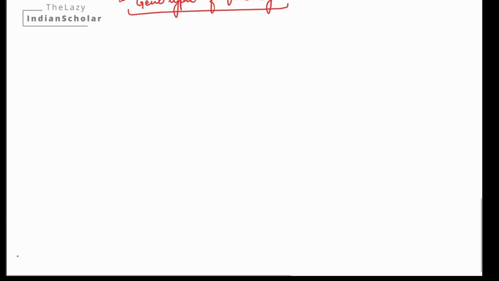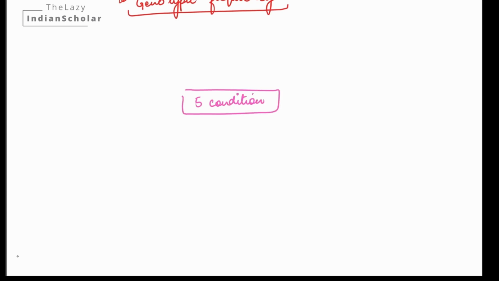So the Hardy-Weinberg principle must follow five conditions to remain in equilibrium. Only if these conditions are fulfilled will the genetic equilibrium be maintained. The five conditions are: first, the mating of individuals should be random. Second, no mutation should take place in the given population.